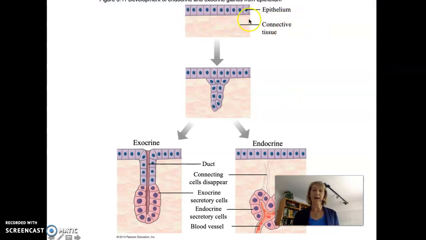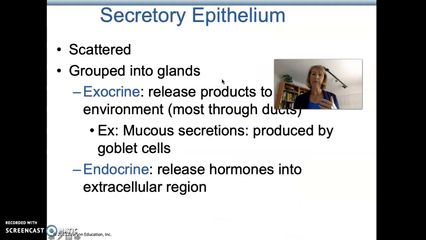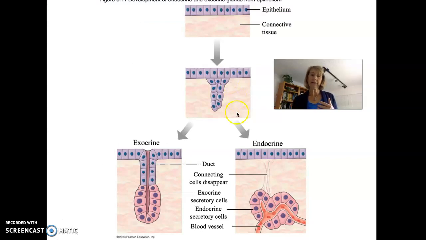This is how those glands are made. If you think of a cell sitting on a connective tissue, this is the epithelium, right? And then they form more cells that make a little dip, right? This dip is made by many cells, and then it's going to differentiate into either an exocrine gland.